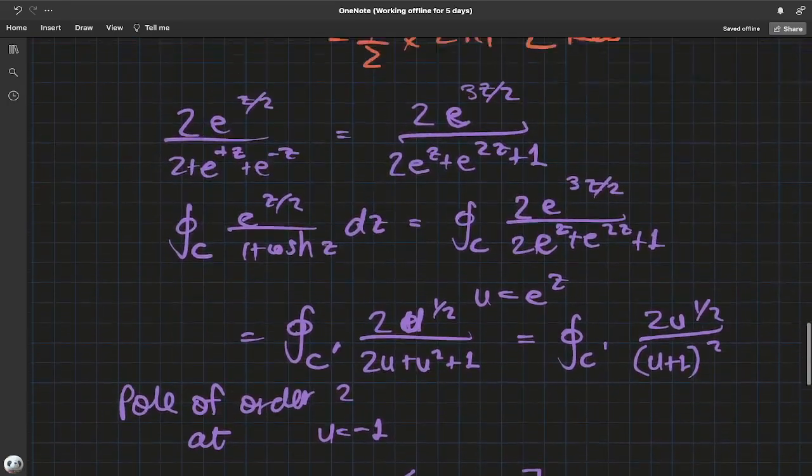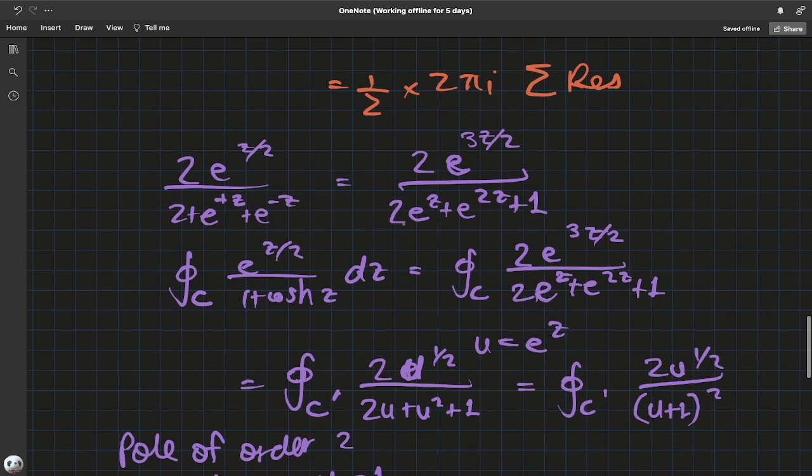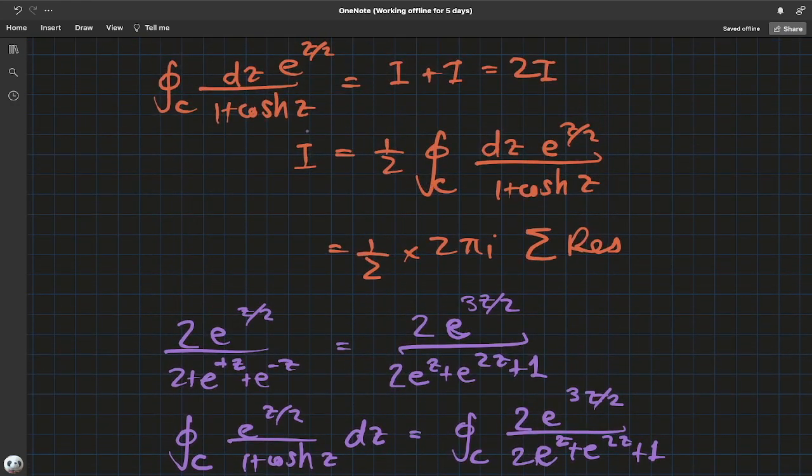Now this technique I've used of calculating the residue may not be the best. It may not be the mathematically most healthy way of doing it. You could have also taken into consideration the Taylor series, in this case the Laurent series of the hyperbolic cosine, because you can derive it by plugging in z in the Taylor series of the hyperbolic cosine, like we can do for the exponential functions and the circular trigonometric functions.